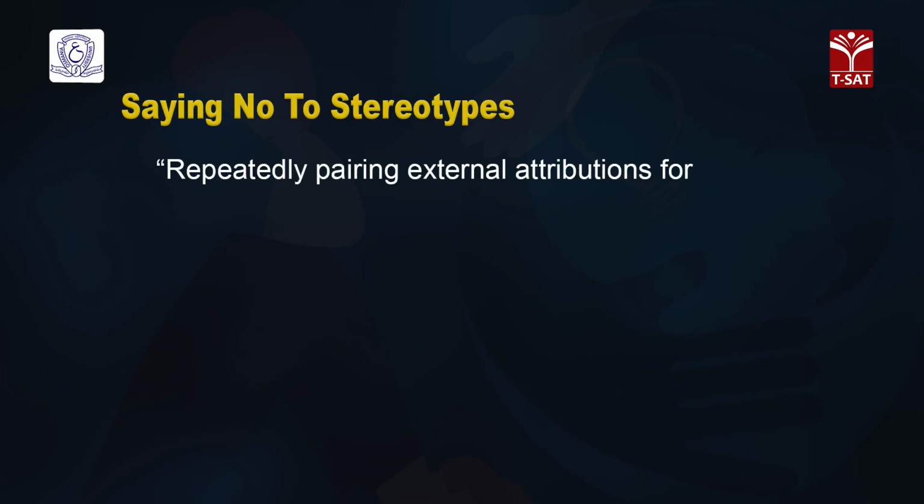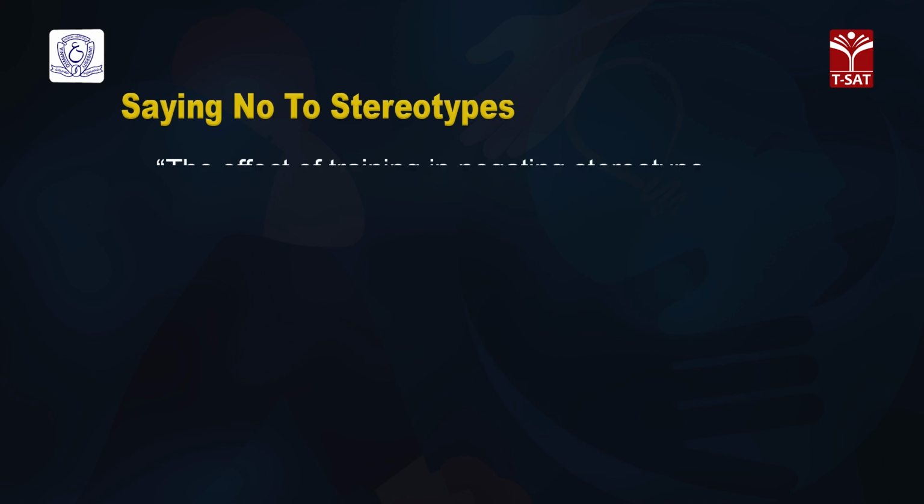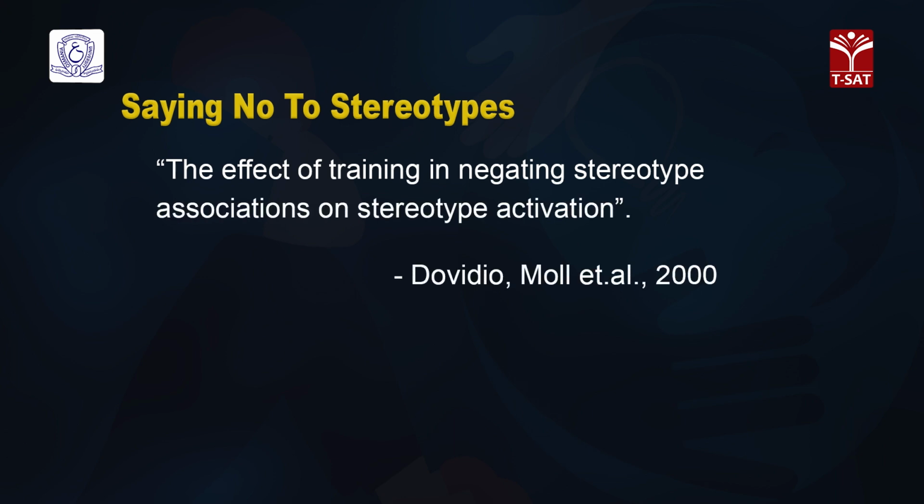According to Myers, in the year 2010, repeatedly pairing an external attribution for a negative behavior can reduce racial stereotyping. Kawakami and others, in the year 2000, conducted a study to examine the effect of training in negating stereotype associations on stereotype activation.